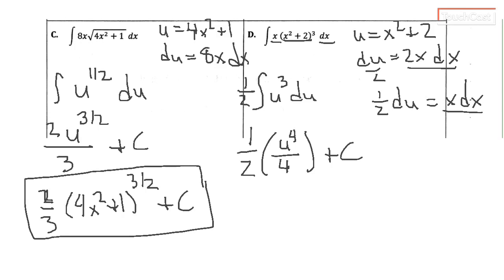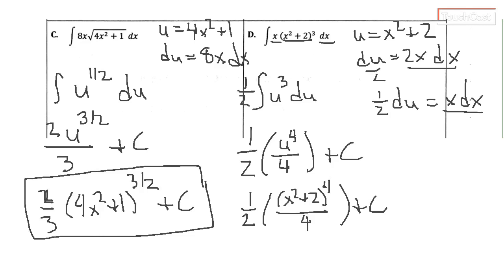Now all I'm going to do is replace u with x squared plus 2. So I'm going to go 1/2 times x squared plus 2 to the 4th over 4 plus c, and I'm almost done.